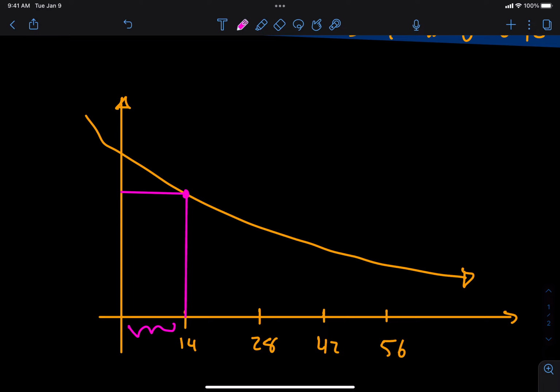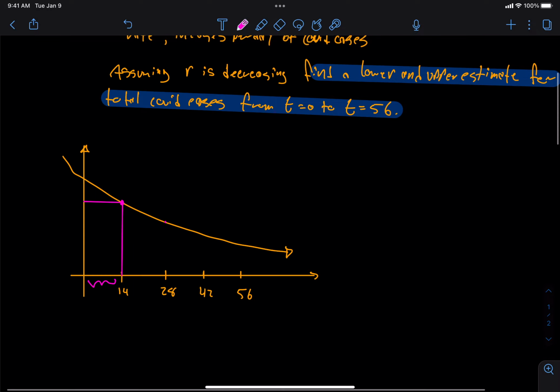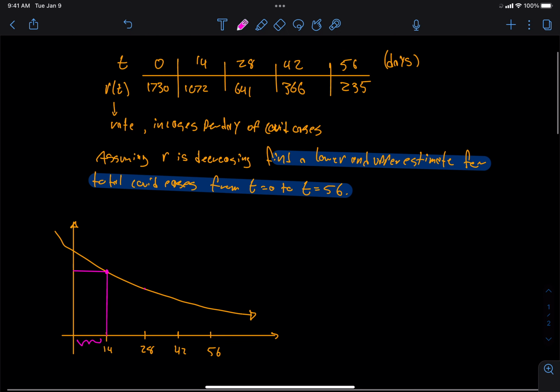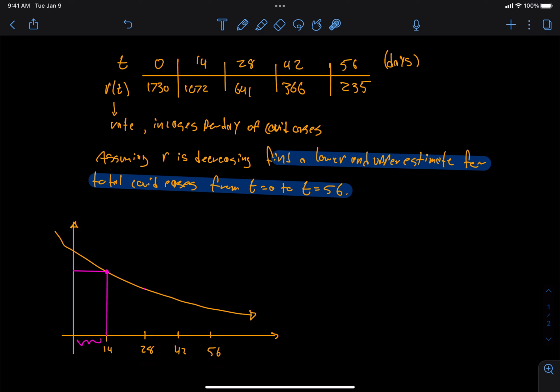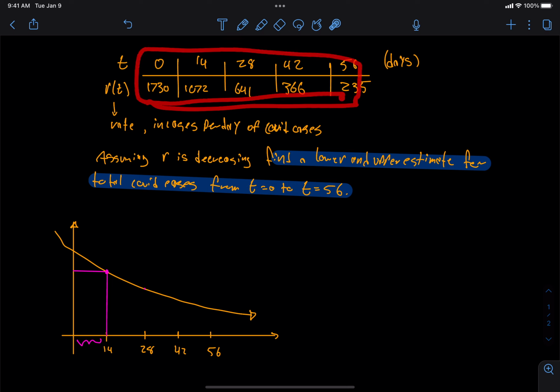So the height on the right is lower for a decreasing function, which is why it's an underestimate to use a right sum. By the way, one critical reason why you should draw this picture is that it's going to help you determine your n, the number of rectangles. I find a lot of students see this table, and when I ask them how many rectangles we are going to use, the first thought everyone has is, we have 5 data points, so we should have 5 rectangles.